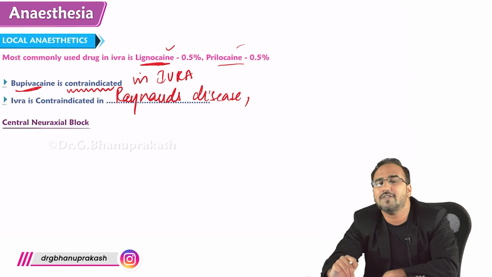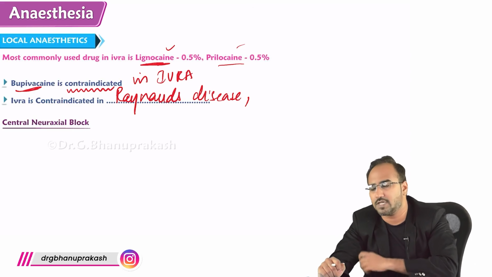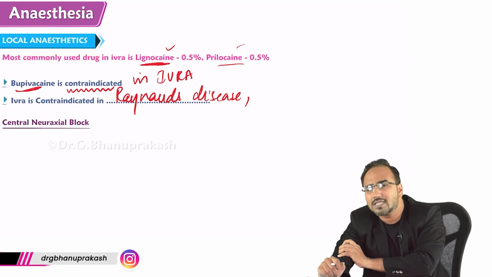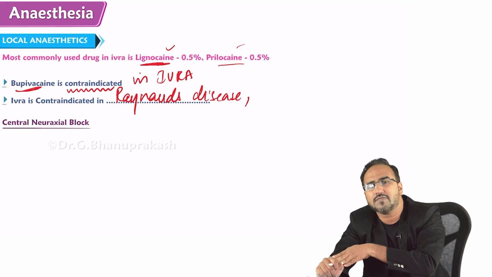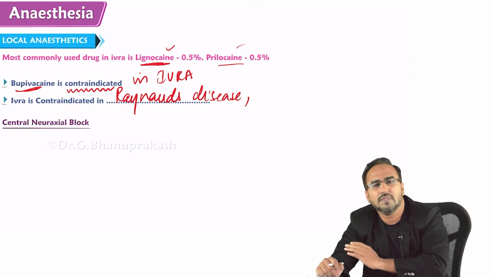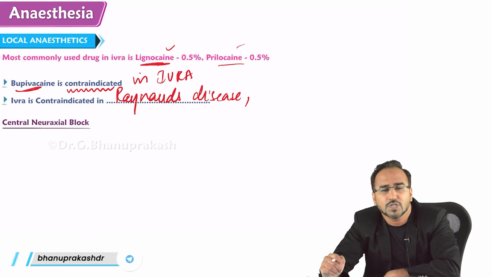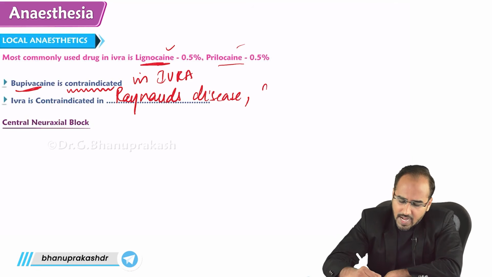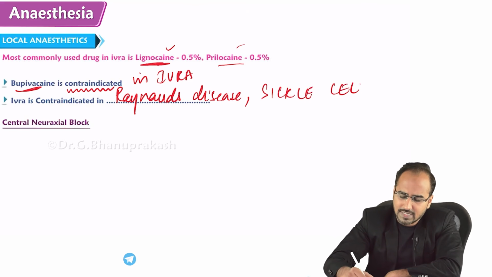If you go for IVRA in a sickle cell anemia patient, or if you apply a tourniquet, what will happen? This tourniquet will block the blood supply, leading to hypoxia of this part of the limb. That can cause what? Vaso-occlusive crisis. So remember guys, IVRA is contraindicated in Raynaud's disease. IVRA is also contraindicated in sickle cell anemia.